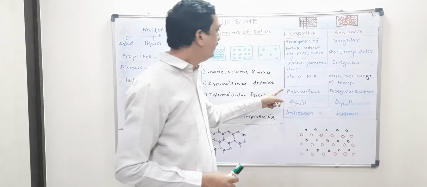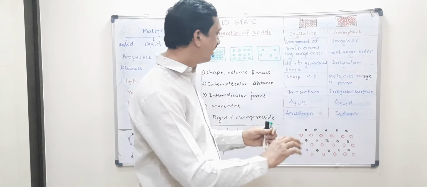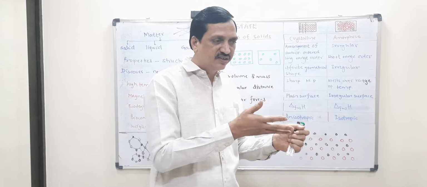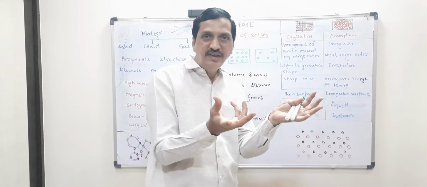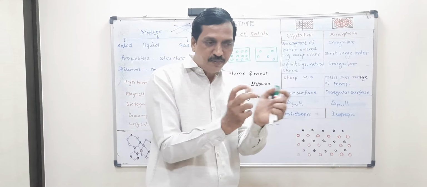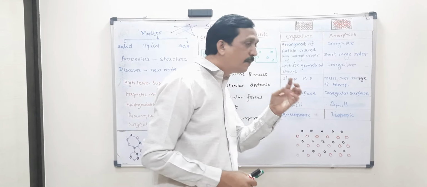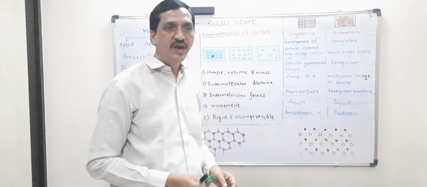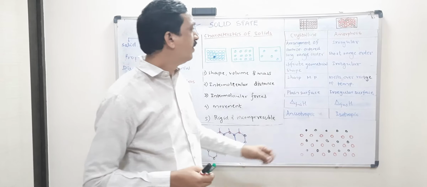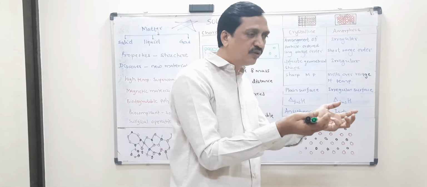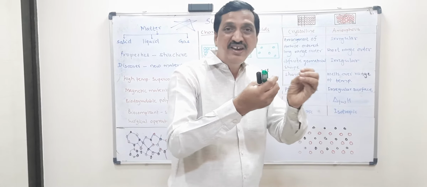Then cleavage, in the sense, if you break it. If you break crystalline substances, the fragments which are obtained, the parts it gets split into, will have plane surfaces, which means you get a regular cut. But if you break an amorphous substance, it gets split up into parts and those parts will have irregular surfaces.